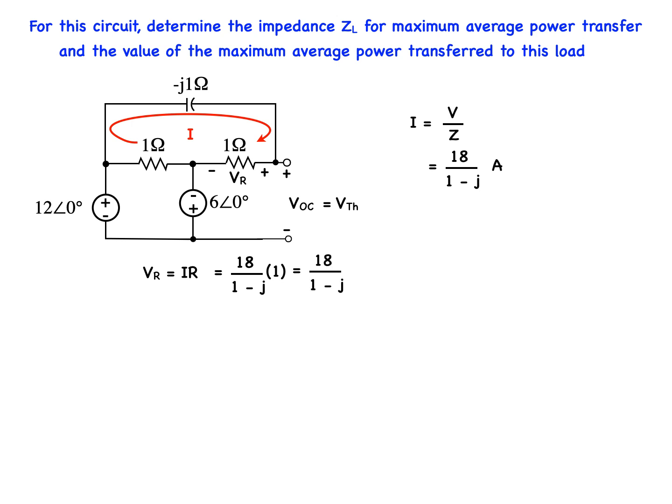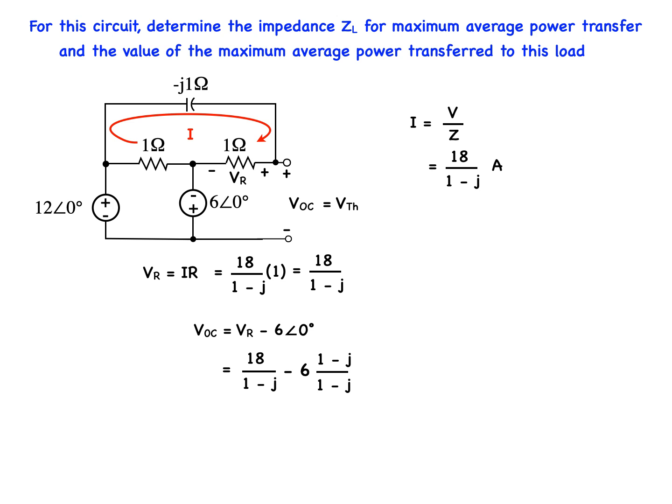We can now calculate VOC, which is the voltage drop VR minus the 6-volt power supply voltage. Substituting the actual values, we get 18 divided by the quantity 1 minus j, minus 6. Now I want minus 6 to be in a different format, so I'm going to multiply it by 1, or 1 minus j divided by 1 minus j, which is 1.